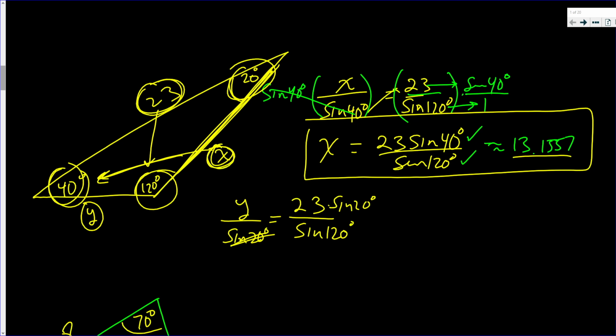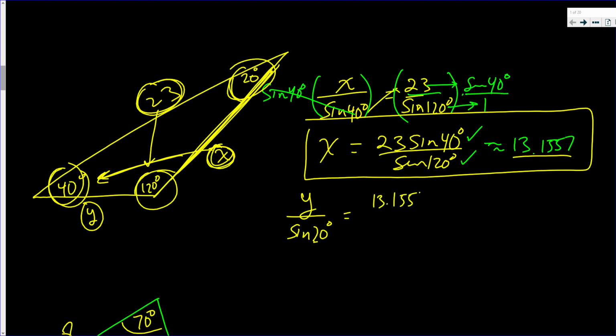You can use x, but in other words, let's see what you would do. You have y divided by the sine of the angle opposite it, is equal to x, 13.157, divided by the sine opposite it. Couple of things. One, this probably went on further, so you're approximating already, and maybe we made a silly mistake.